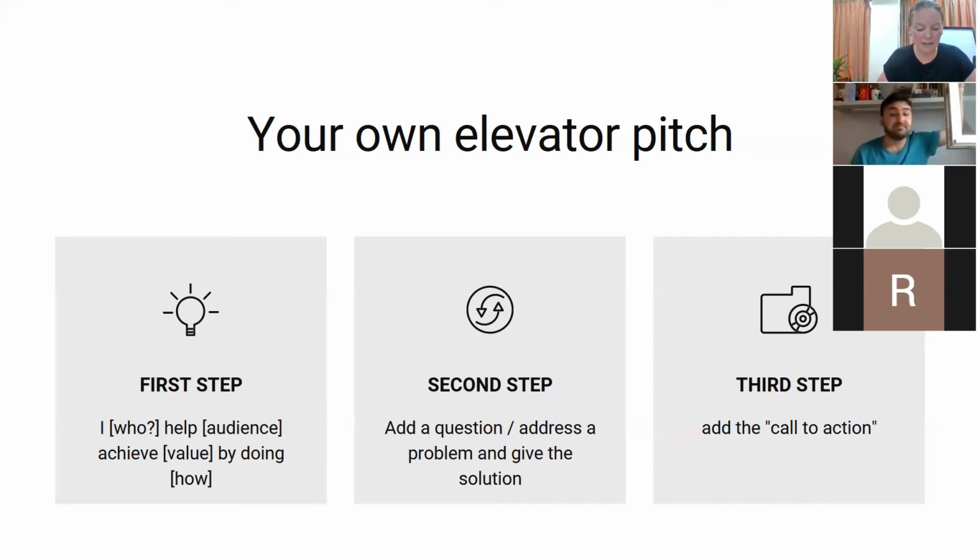And I also heard very well the call to action: visit our webpage, go to Facebook. You said, visit our webpage for more information. But what if you have something special on your webpage, a small present, something for free?